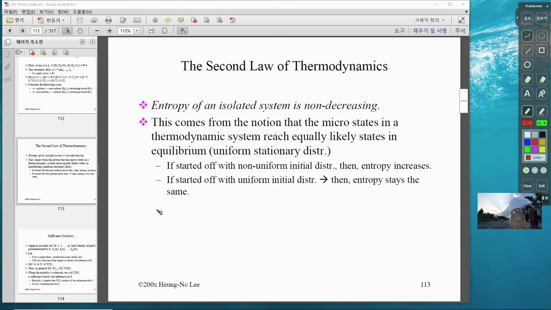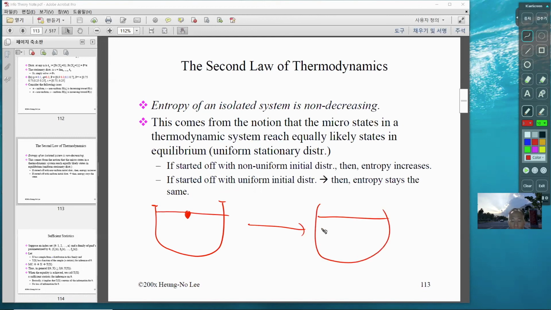So we can consider there is a big beaker where there is some water in it, and then if you drop ink, and then as time goes on, this ink is dispersed around the beaker, and this color is uniformly distributed throughout the water, and then basically entropy here is close to zero, and then entropy here is maximized, uniform distribution, basically the entropy of a uniform distribution.